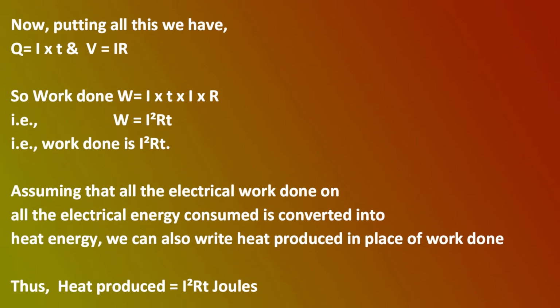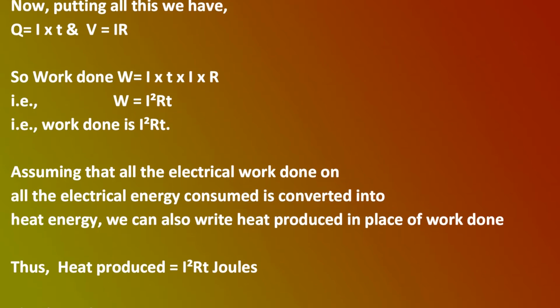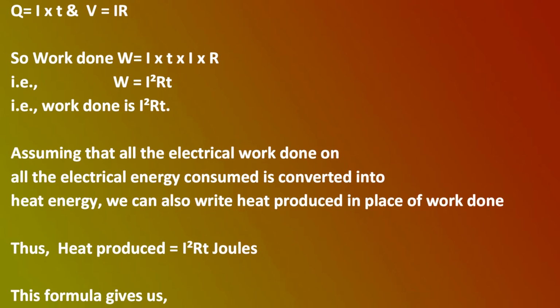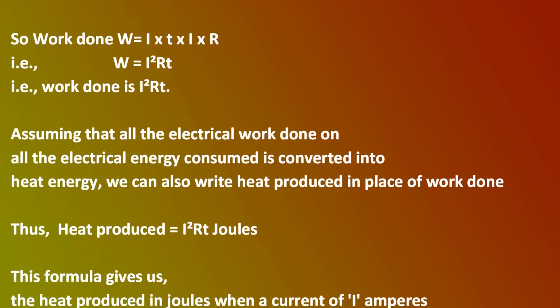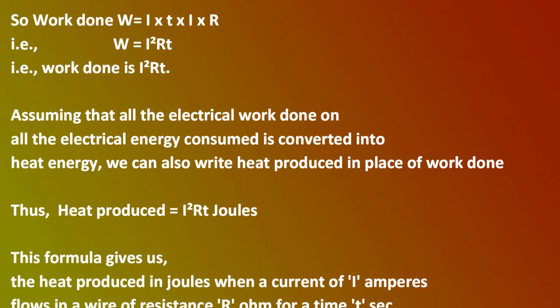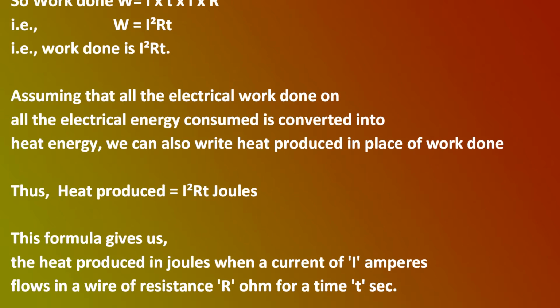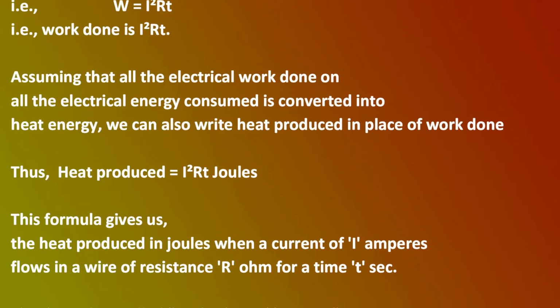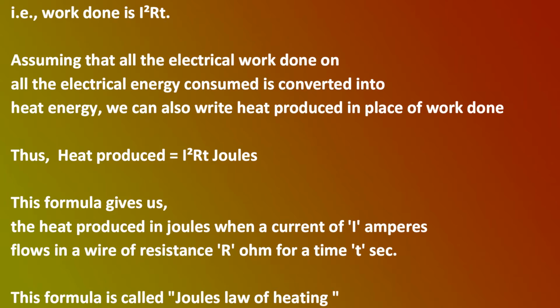Assuming that all the electrical energy consumed is converted into heat energy, we can also write the heat produced in place of work done. Thus, heat produced is equal to I²Rt joules.